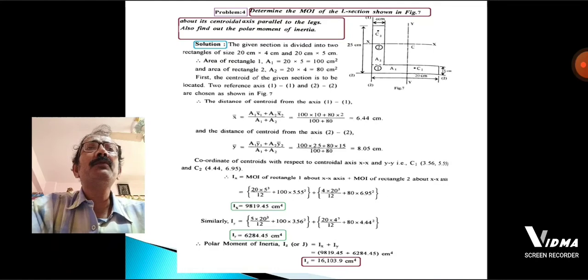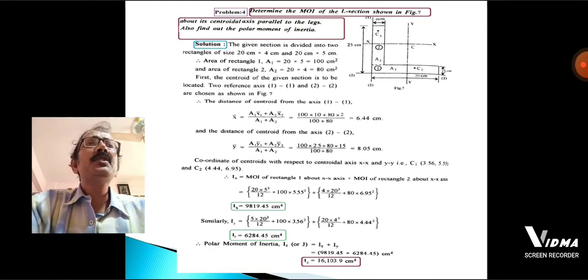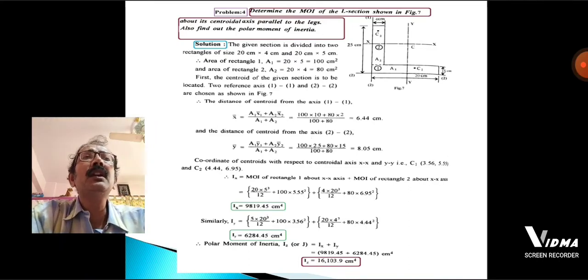In problem number 4, determine the moment of inertia of an L section as shown in the figure. We have to calculate about the centroidal axes parallel to the legs. Also we have to find out the polar moment of inertia. In this L section, first we have to calculate the centroidal position, x bar and y bar.